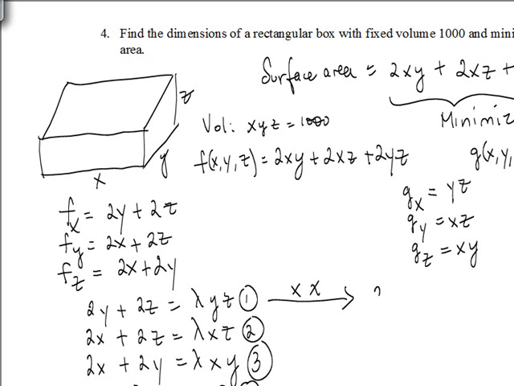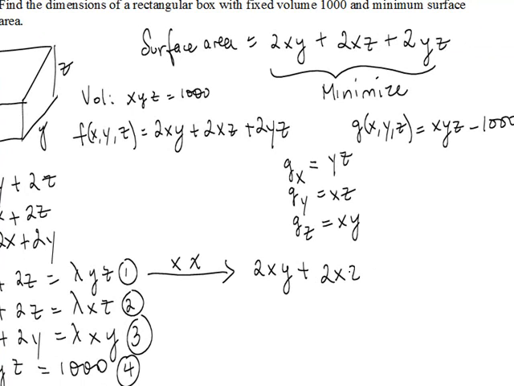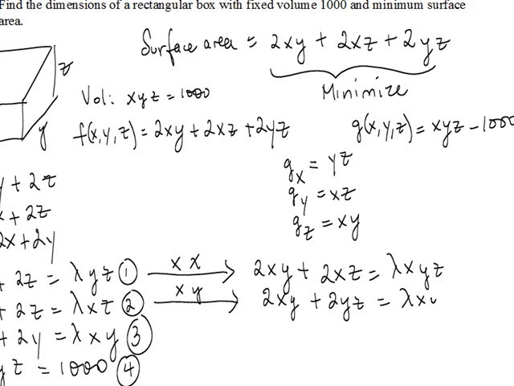So number 1 becomes 2xy plus 2xz equals lambda xyz. Multiply number 2 by y: 2xy plus 2yz equals lambda xyz.